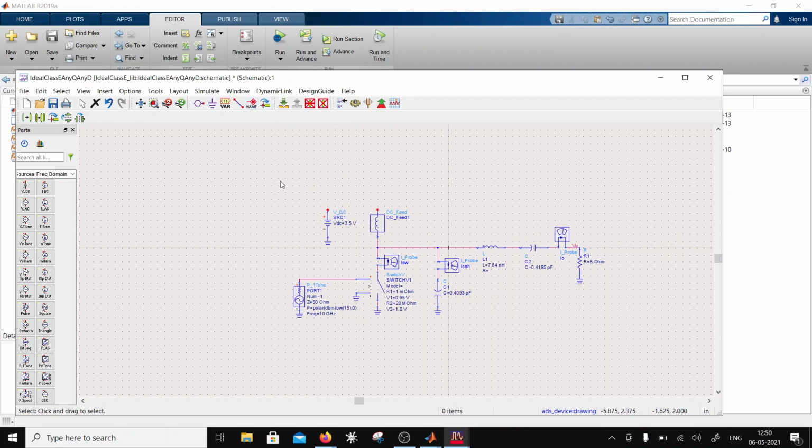Correct. And if you want to measure the drain current, you can measure it over here. So I will call this ID, as in our equations, right? So now we are all set.